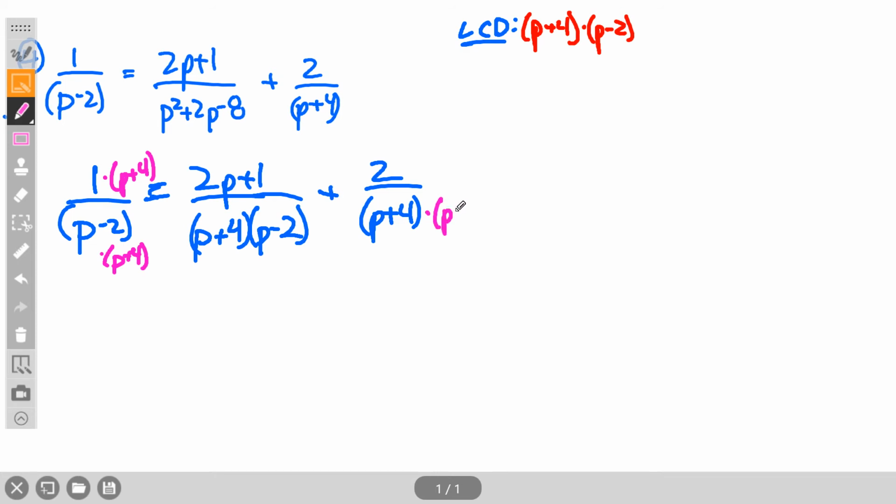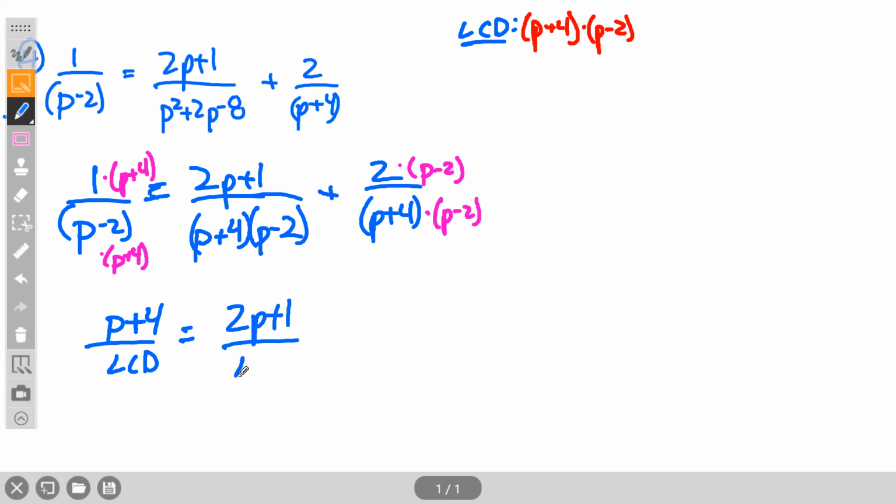And to get that for the last one, I would have to multiply by p minus 2. So this becomes p plus 4 over the LCD equals 2p plus 1 over the LCD plus, distribute, 2p minus 4 over the LCD.